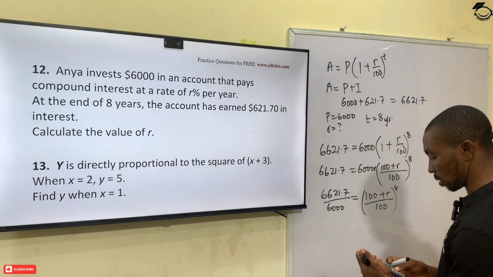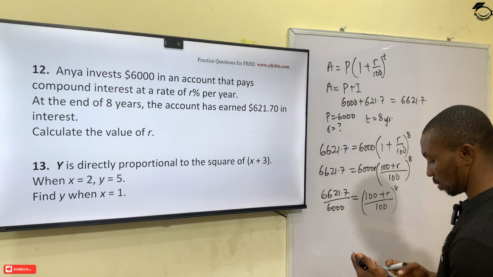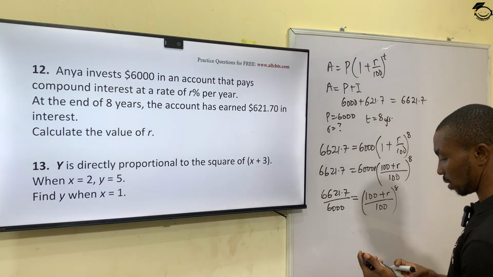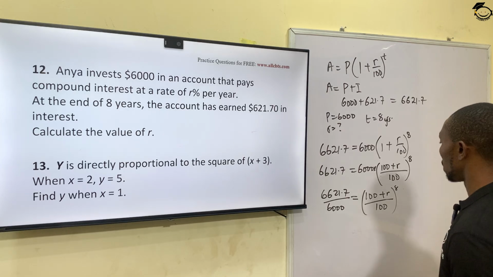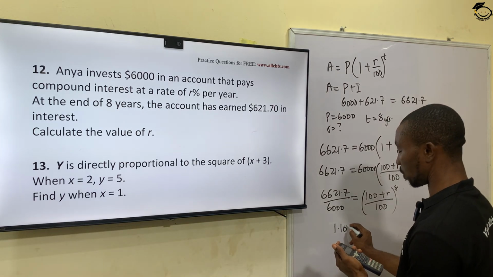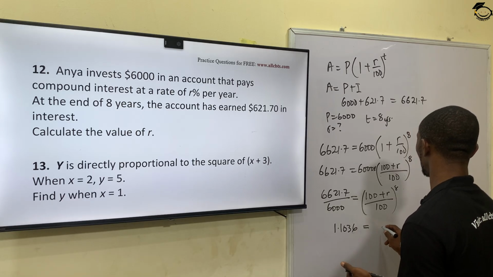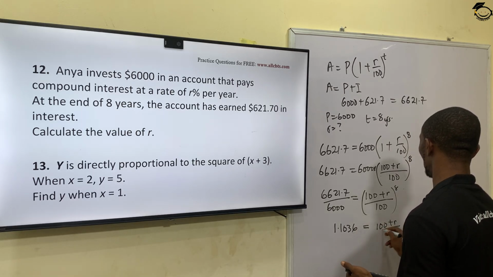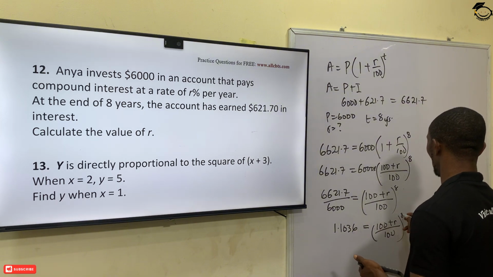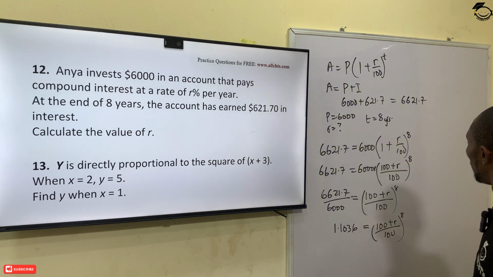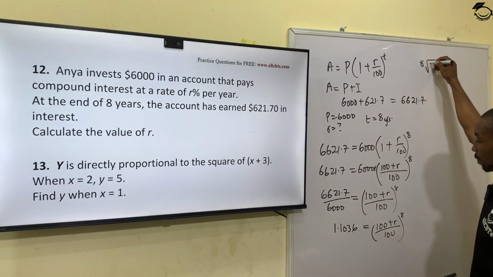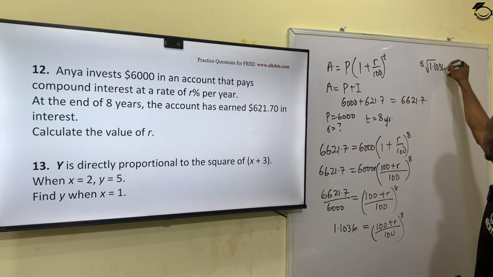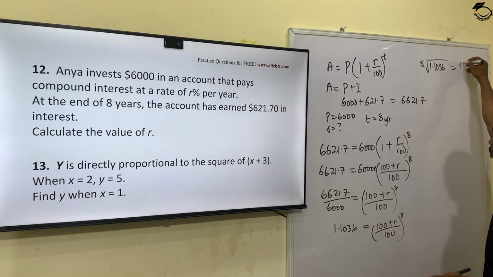So 6621.7 divided by 6,000 gives us 1.1036 equals 100 plus r over 100 raised to power 8. So if we take the 8th root of both sides, this will be the 8th root of 1.1036 equals 100 plus r over 100.